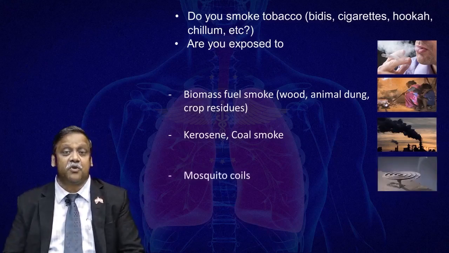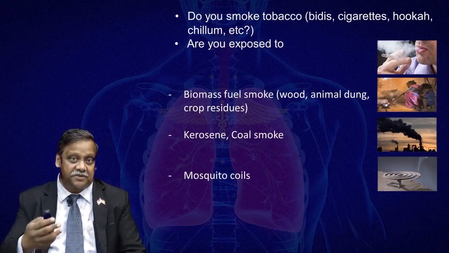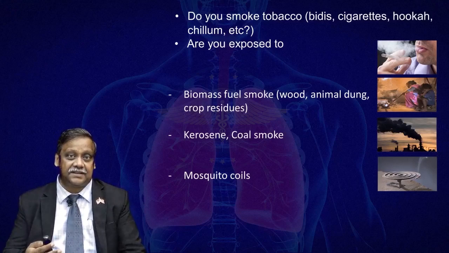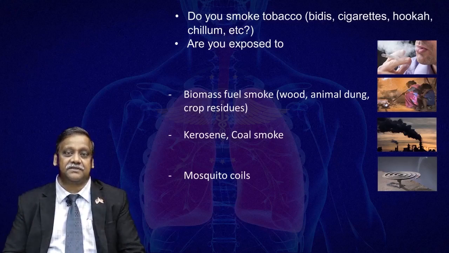Mosquito coils. Some homes use mosquito coils every day for many years, and perhaps you may not be aware of this, but burning one mosquito coil in the night emits as much smoke as smoking 100 cigarettes. 100 cigarettes of exposure every day for a long period of time is a very strong risk factor associated with COPD.